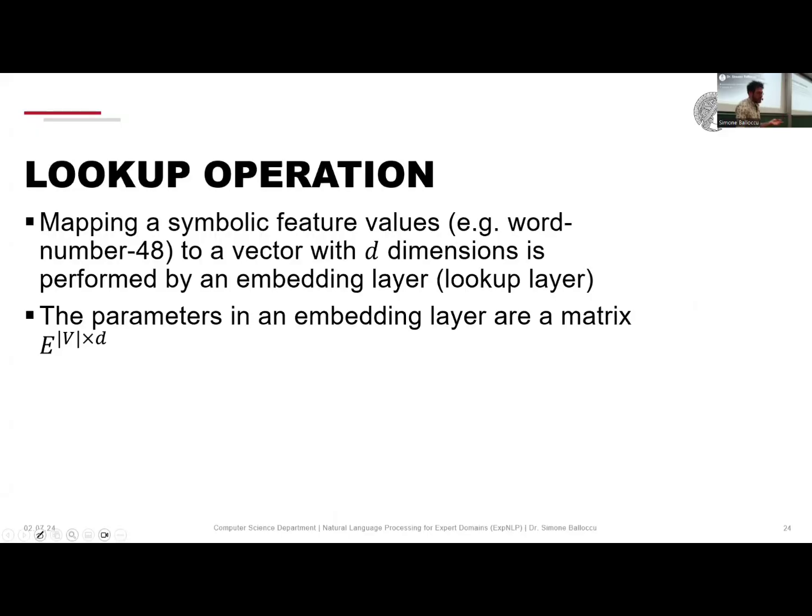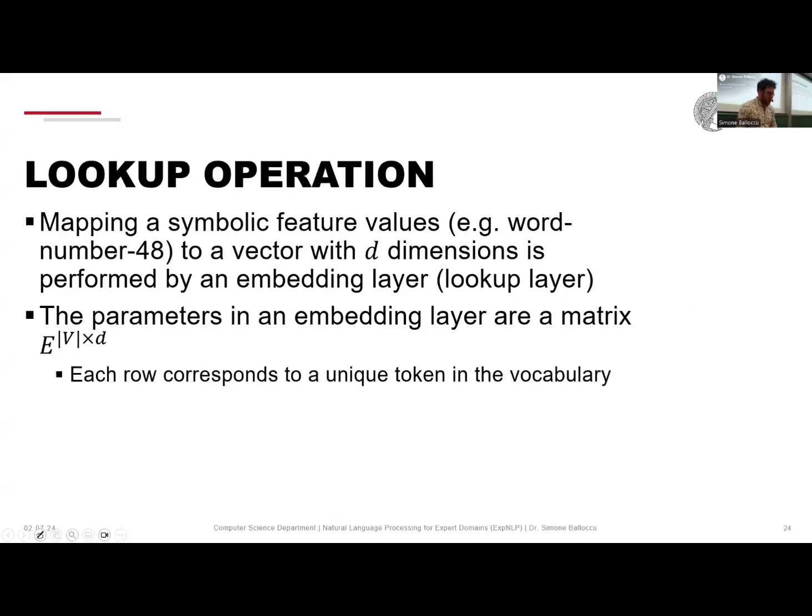You have a matrix which has as many rows as words in your vocabulary, and d is a parameter. You may say that your vectors are 3-dimensional, so they live in 3D space. They may also be 300-dimensional, okay? You choose. In theory, if you use more dimensions, you learn more. You can get something more abstract. In fact, I can tell you that word embeddings usually have hundreds of dimensions at least.